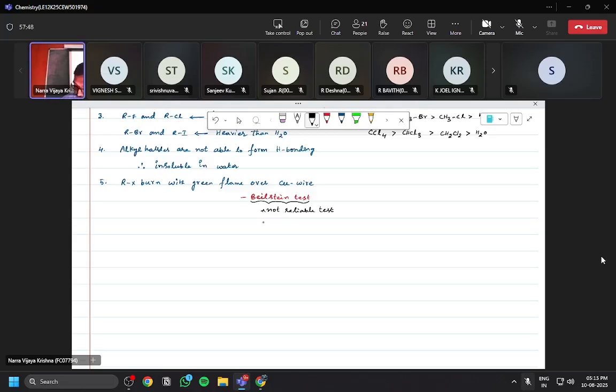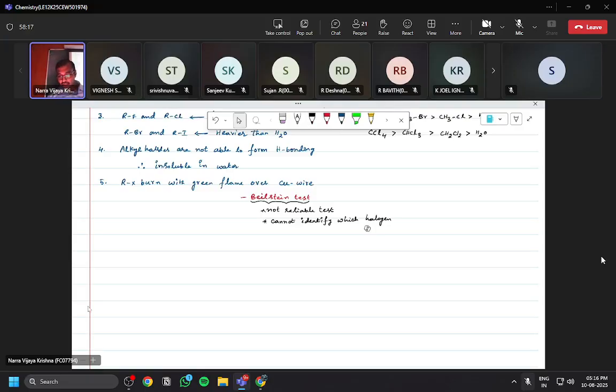Reason: we cannot identify what type of alkyl halide it is. For every alkyl halide, it gives almost a similar color, right? So it cannot identify which halogen. But we can say halogens are present, that's all. To identify which halogen is present, the best test is Lassaigne's test.